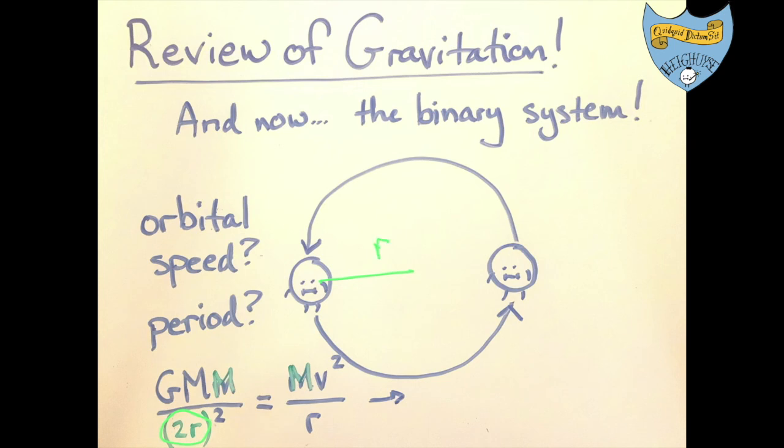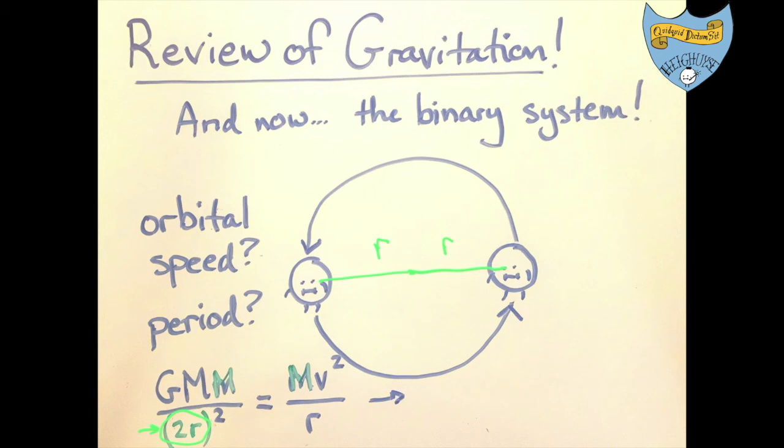The R in the gravitational force formula is the center-to-center distance, which is the diameter of the circle. Tricky. So that means that the R that we plug in will be the diameter. Okay, so 2R. All right, and then the masses, of course, are the same for the 2 objects.